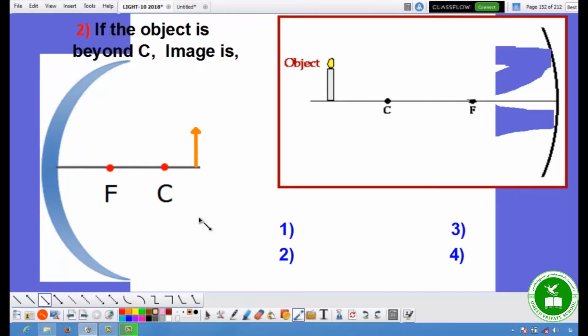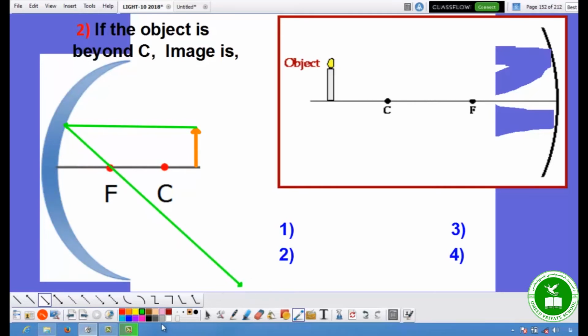Second, if the object is beyond C, how will the image be formed? Again, we use special rays. One special ray is parallel to principal axis, and it will be reflected in such a way that it passes through focus, like this.